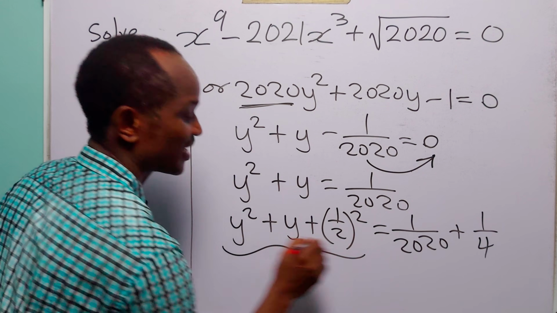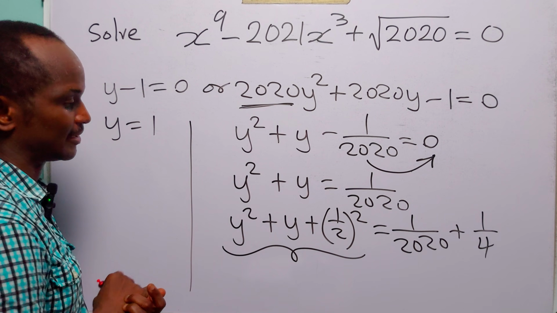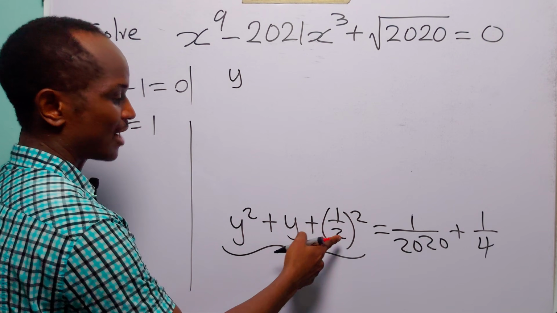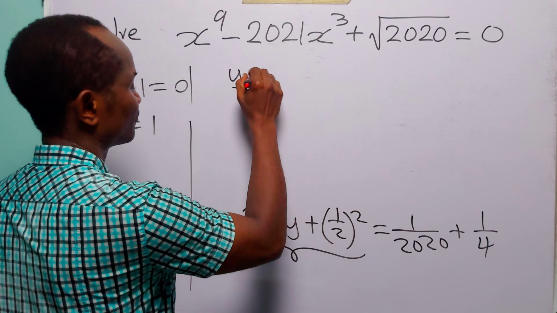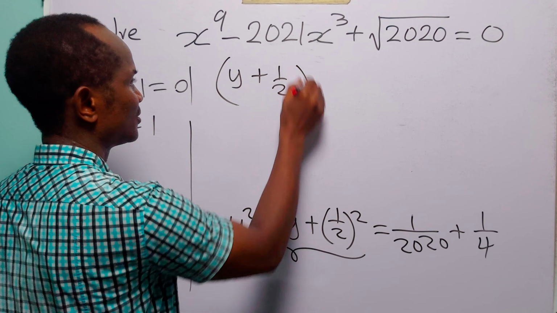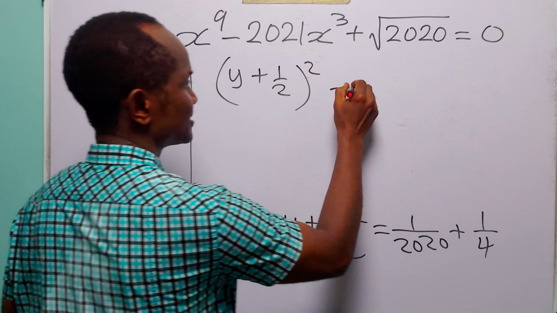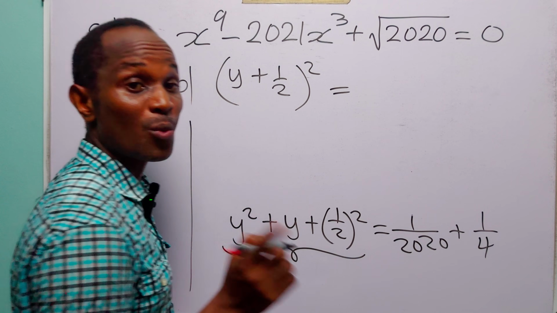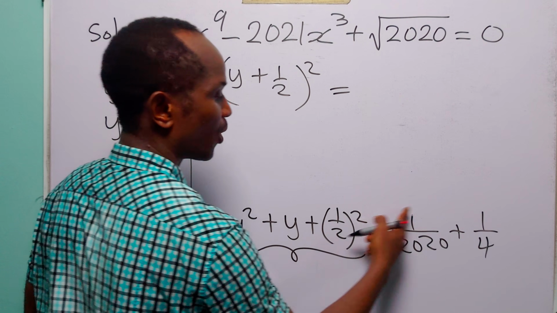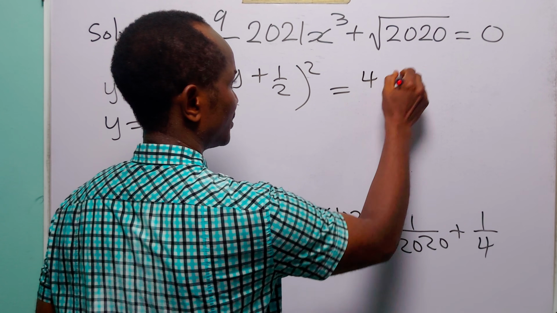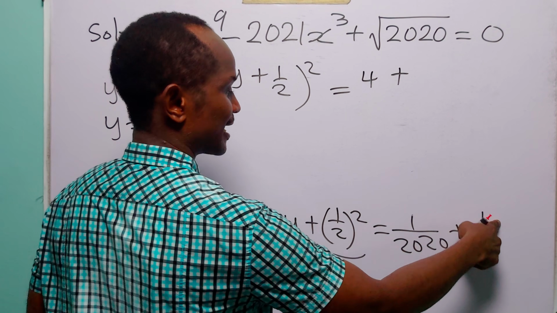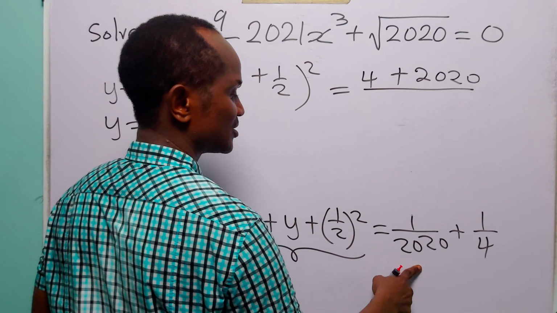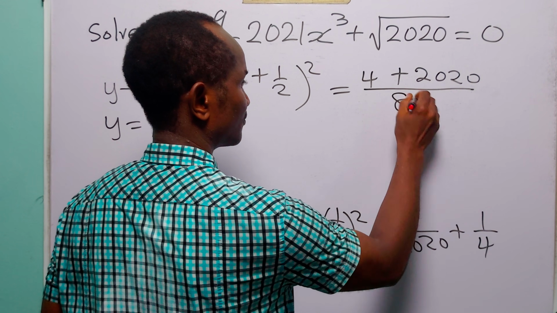Now we have a perfect square on the left-hand side. Now we take one y and we take 1/2 and we square. And this is equal to, combining these two fractions into one single unit, we have 1 times 4, 20 times 1, divided by 20 times 4.